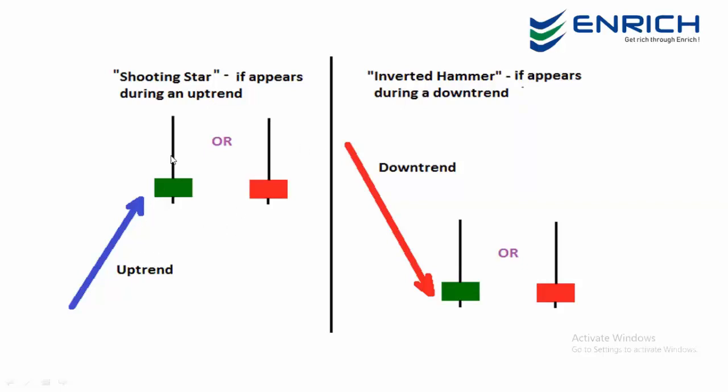You need to identify it with the trend. Both look the same, and the color is also green or red. But how do you identify? You identify with the trend. The shooting star is seen after an uptrend. The inverted hammer is seen after a downtrend. Okay, please remember that.